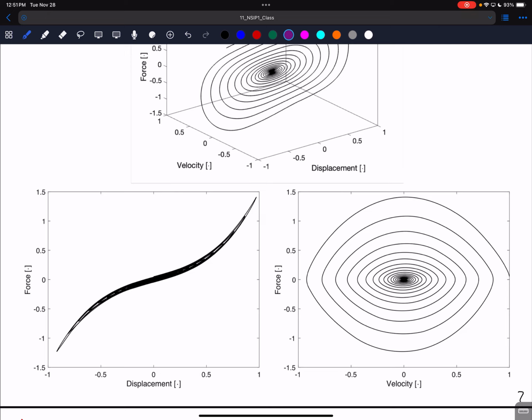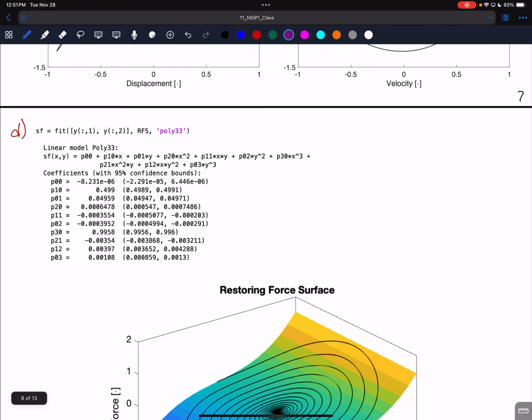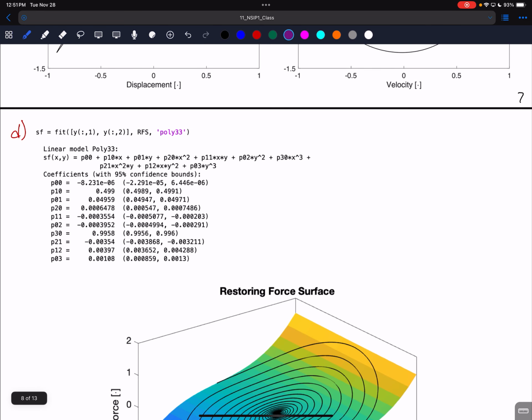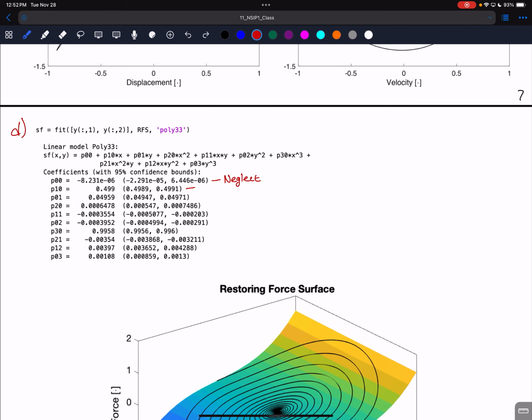All right, so we're just going to do the same thing. We're going to fit a polynomial to this, in this case, a third order in both terms. And we'll just take a look at the coefficients. So this first term is very small, so we would neglect that. The second term, that is our linear stiffness, which let's just say K here. Third term, that's our linear damping.